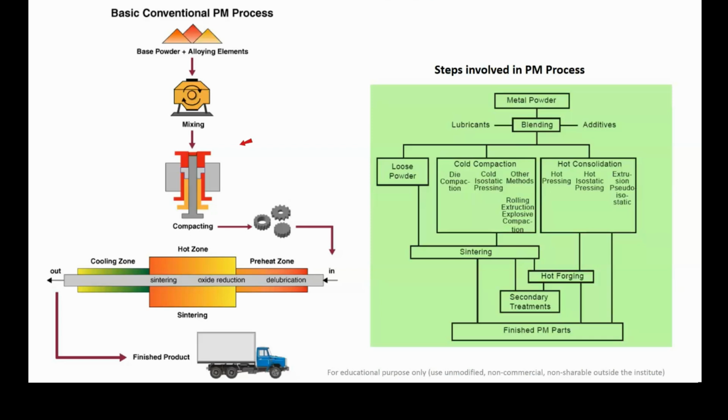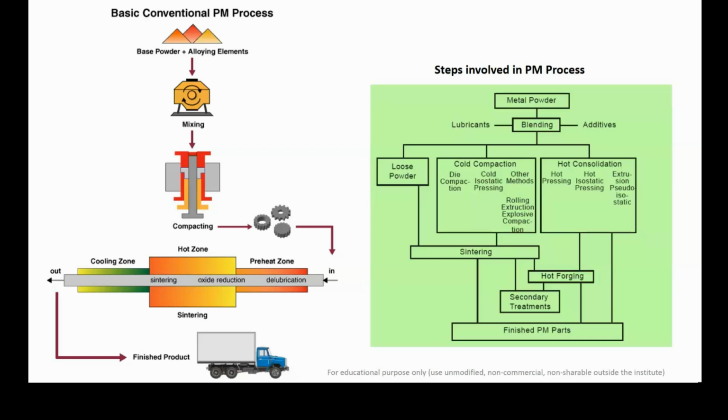You can see down the process after mixing, there is a stage called compaction or compacting. You see here in this particular slide that there is a die and punch arrangement, and in the die at the bottom there is a bottom punch, and at the top of it there is a top punch.